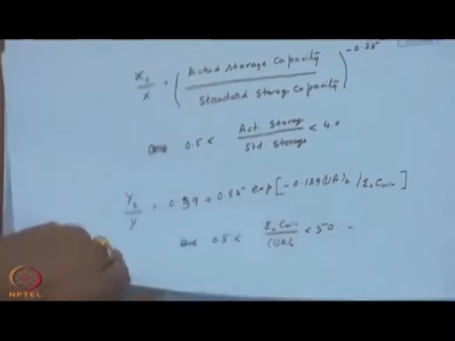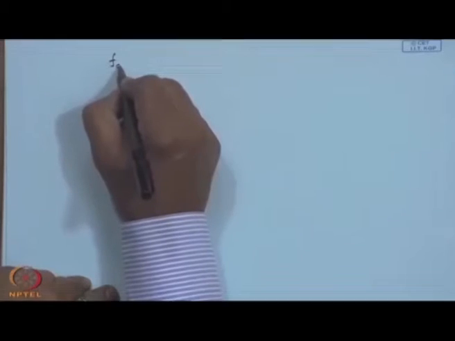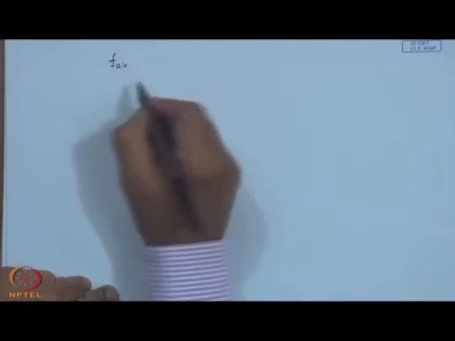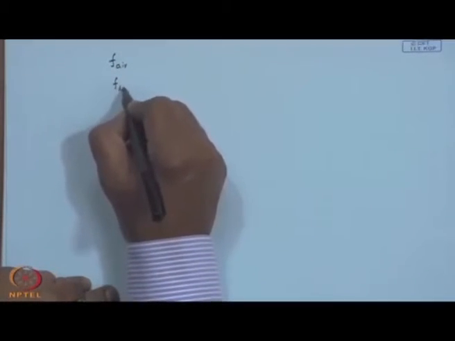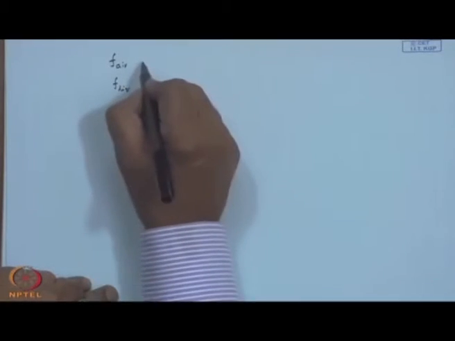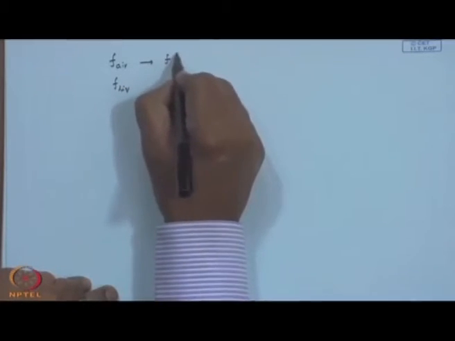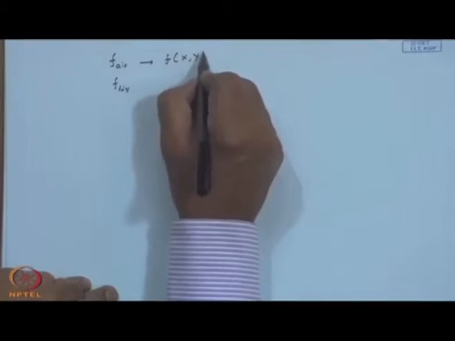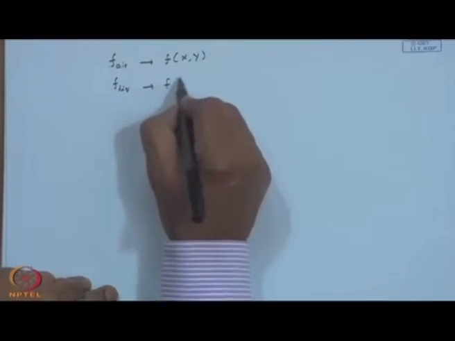So, now if you combine, F air for an air based system and F liquid for a liquid based system have been correlated in terms of two non-dimensional variables x and y.